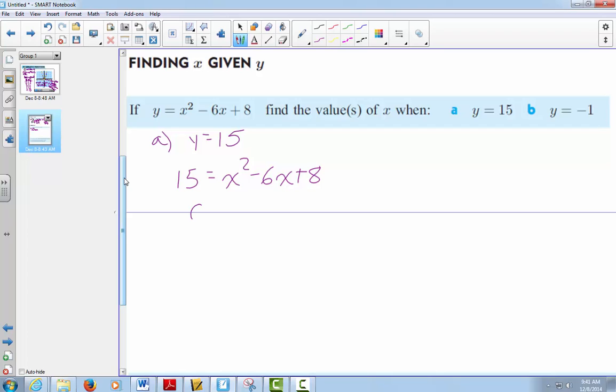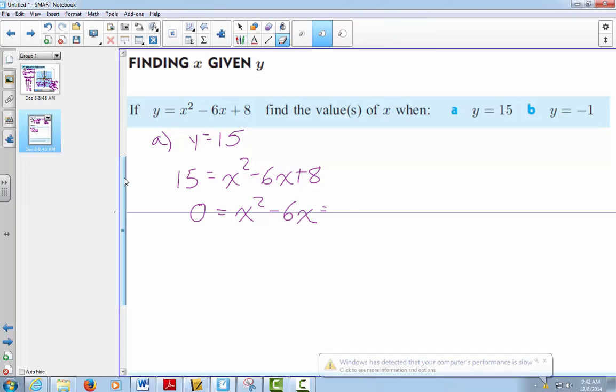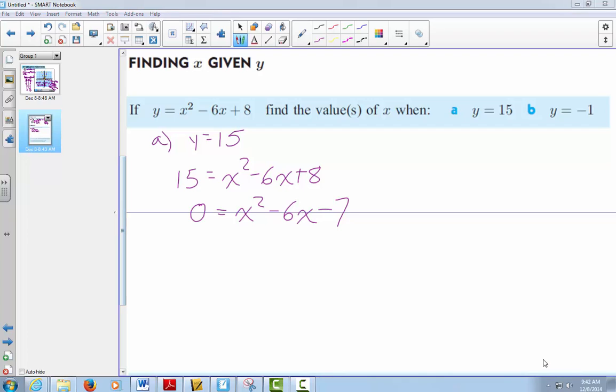So, subtract 15 from both sides. 0 equals x squared minus 6x plus 8 minus 15, equals negative 7. So I want two numbers multiplied together. What times what equals negative 7, and plus equals negative 6. So negative 7 times positive 1, negative 7 plus 1 gives me negative 6.